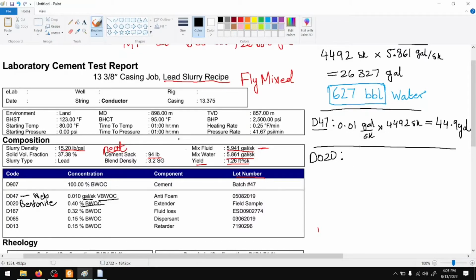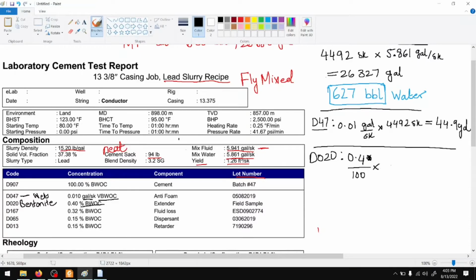So just keeping out the technical or complicated stuff, what you need to do is simply take your concentration in percentage, which is 0.4%. Let's not write that as a percent. Let's write 0.4 divided by 100, which basically means 0.4%.